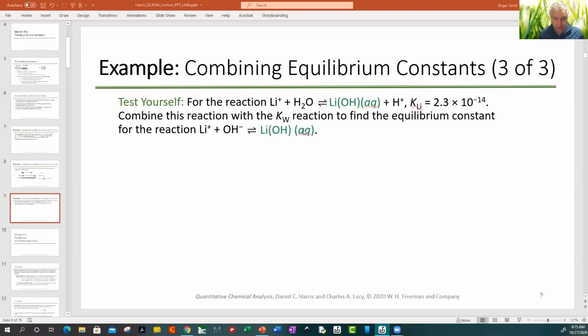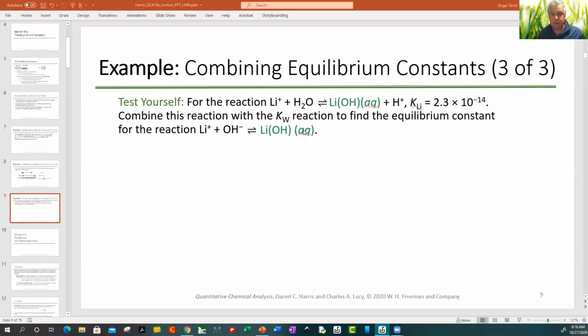Okay, here are the things here. Let's see. So we've got lithium plus water makes lithium hydroxide plus H plus. And this K value, call it K1, is equal to 2.3 times 10 to the minus 14, right?